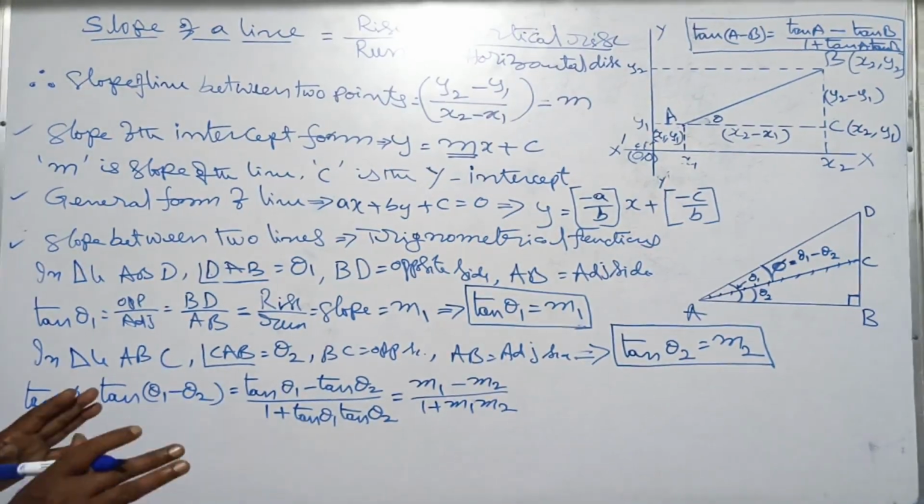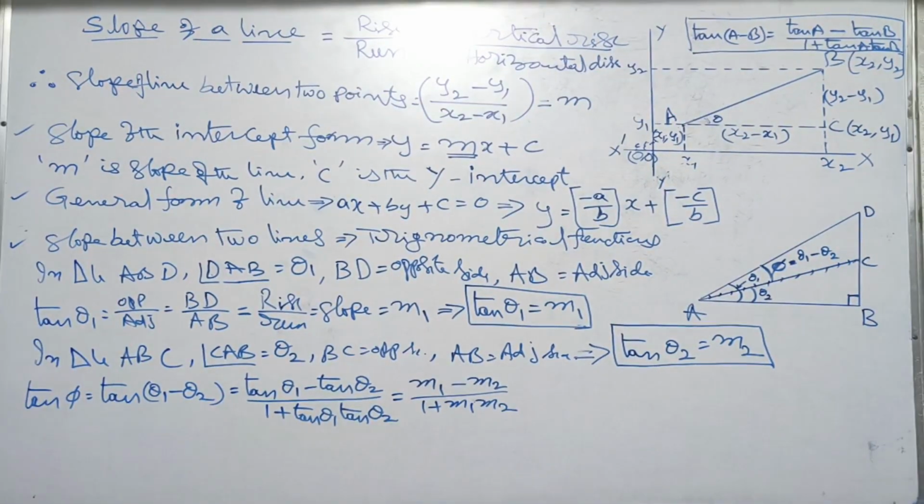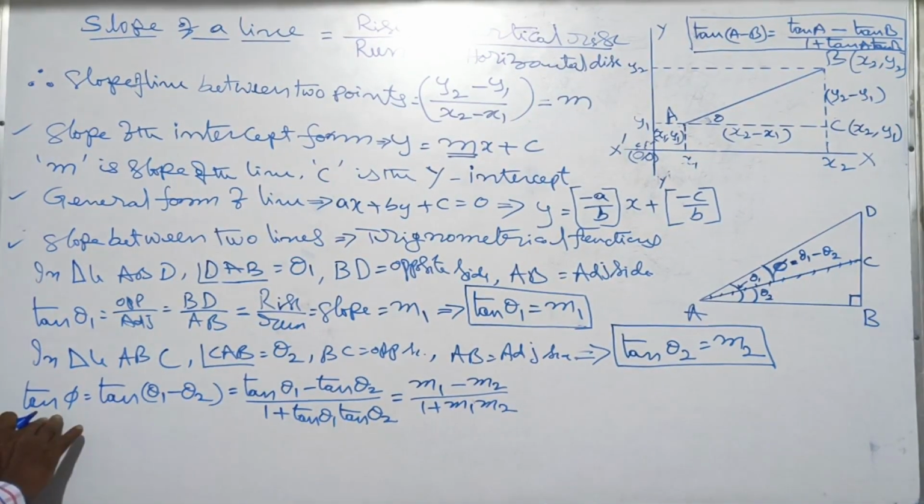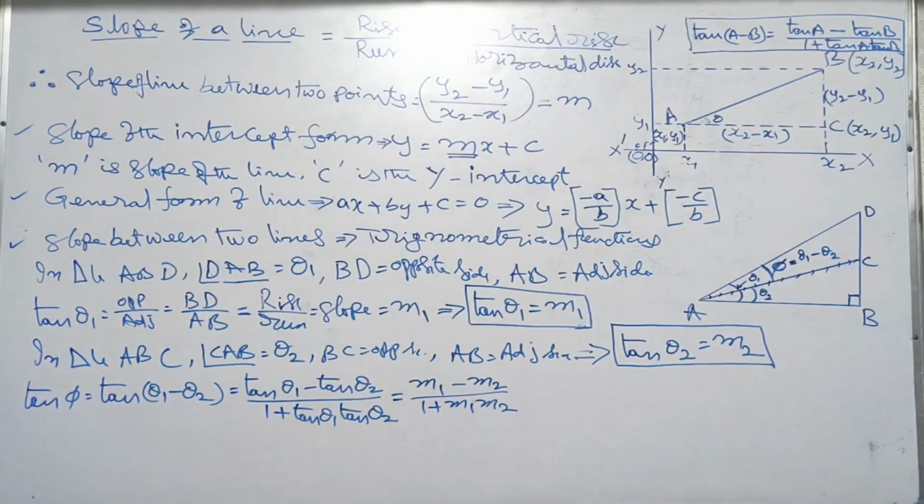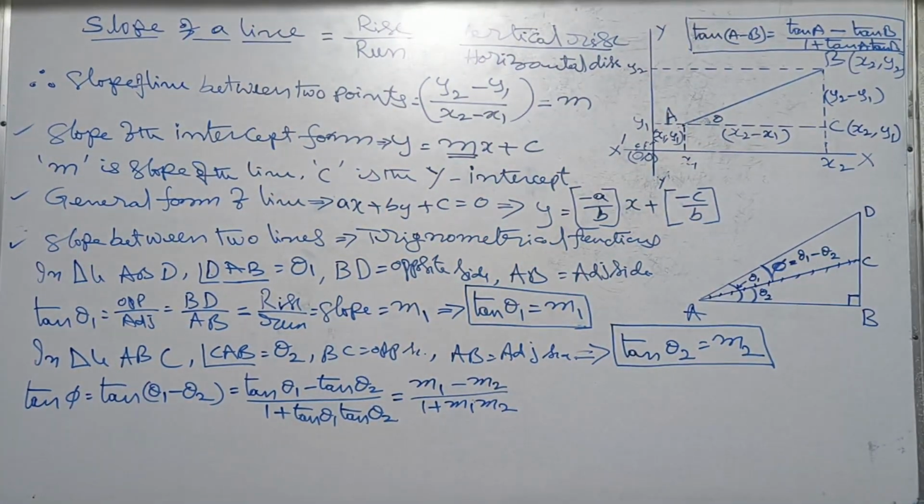Now listen very carefully. Tan theta is equal to sin theta by cos theta, so tan phi is equal to sin phi by cos phi.